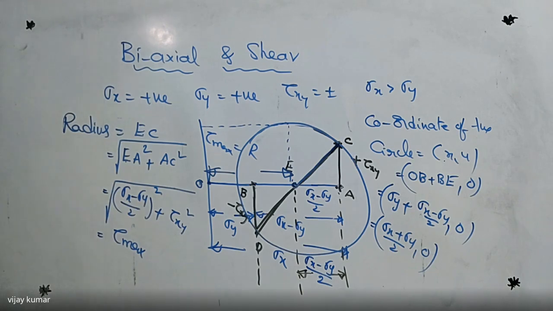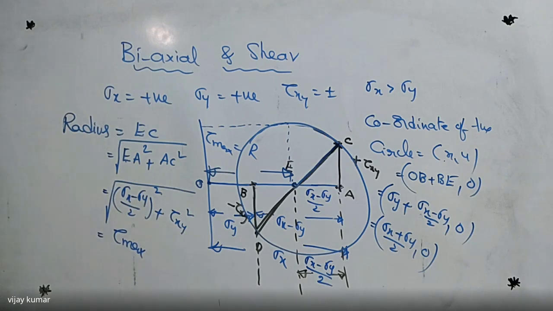Right. So these are the Mohr circle diagrams for different cases: uniaxial, biaxial, pure shear, uniaxial and shear, and biaxial and shear. Now I want to give you some problems on how to find the radius of the Mohr circle and the coordinates of the circle, which are given in the GATE examination.